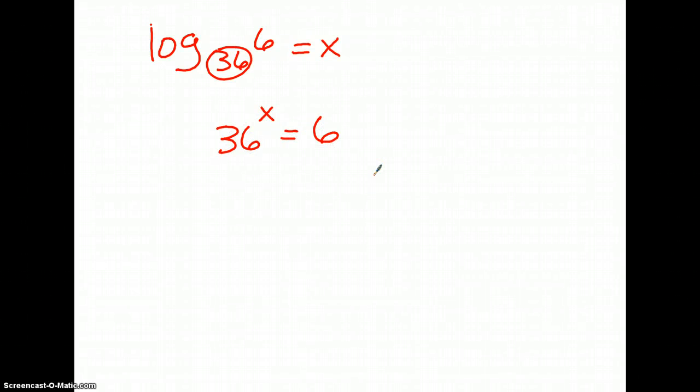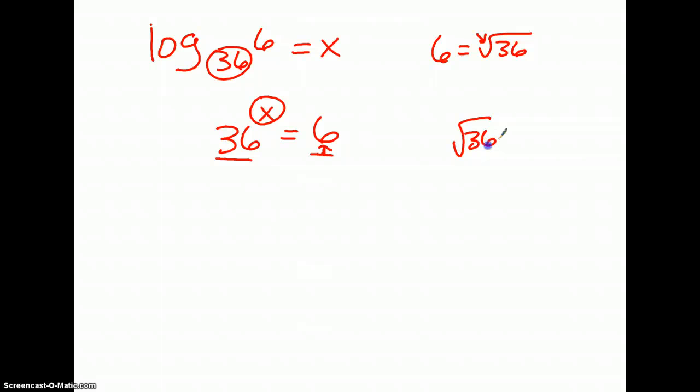Okay, so we're going to have to remember back when we were learning about rational exponents. The relationship between 36 and 6, we know that 6 is the square root of 36. So we need to raise this to the power of the square root. Well, how do you write a square root in terms of exponent? The square root of 36 is the same thing as 36 raised to the 1/2 power.